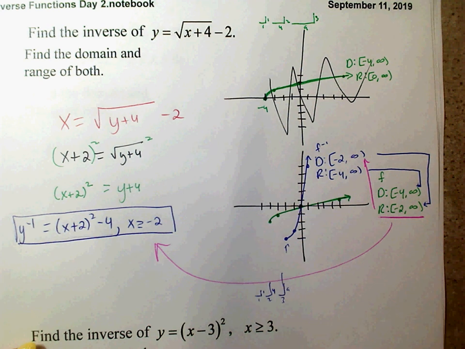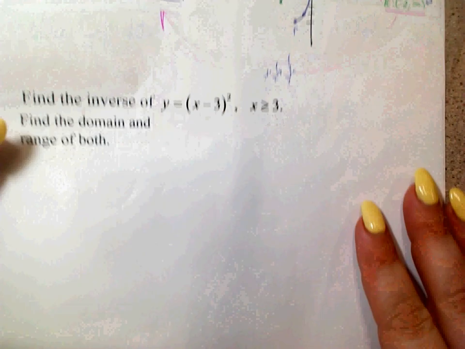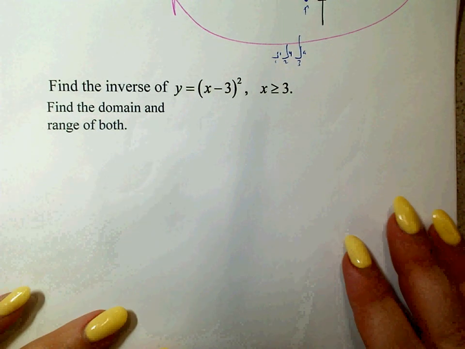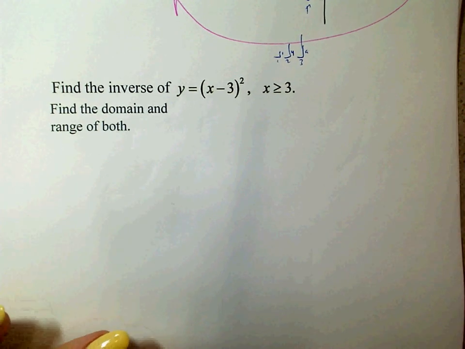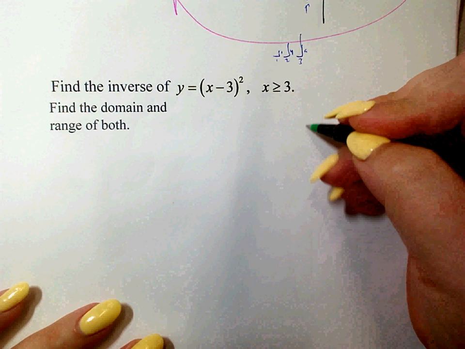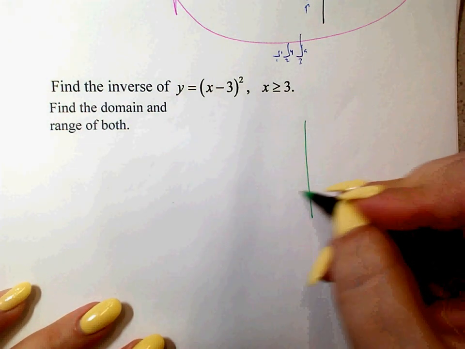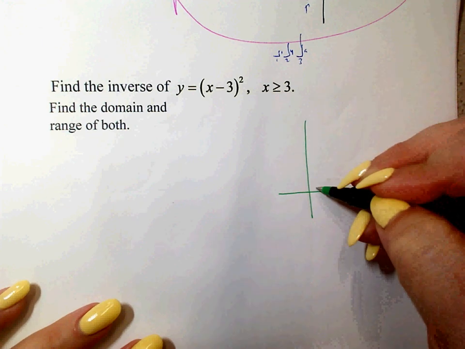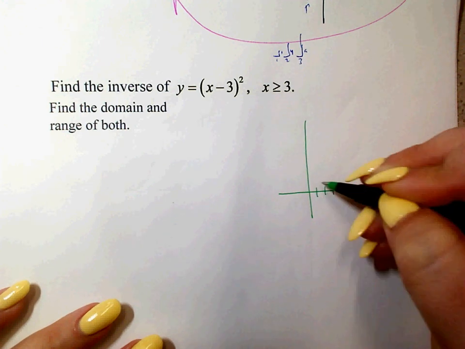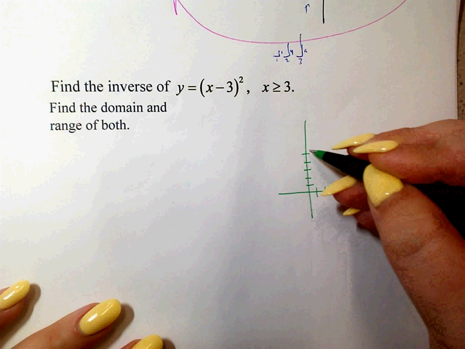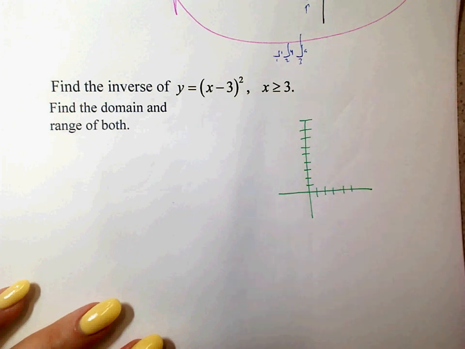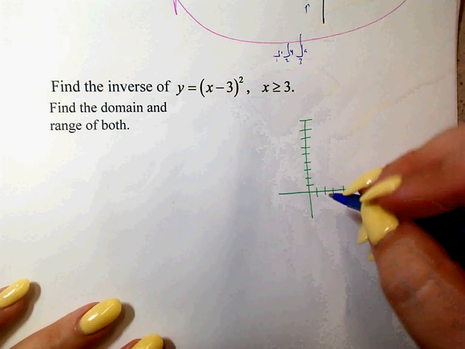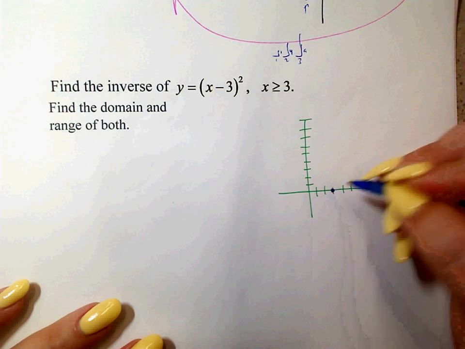Okay? All right. So now let's start with a quadratic that is already restricted. So if I start with a quadratic that is shifted to the right 3, so shifted to the right 3, so 1, 2, 3, and it's only for x is greater than or equal to 3.